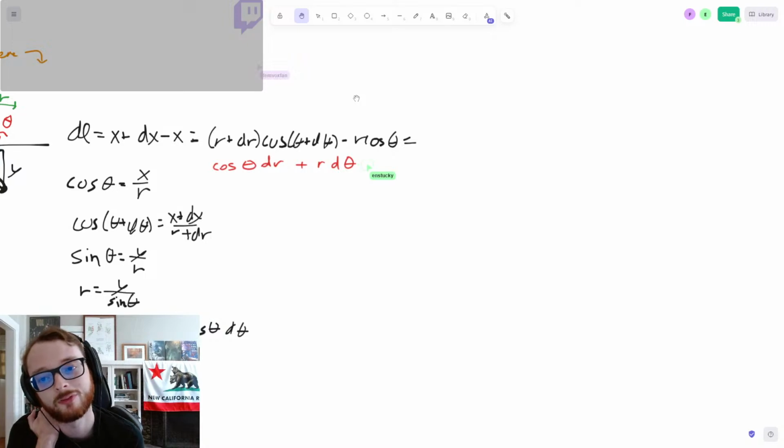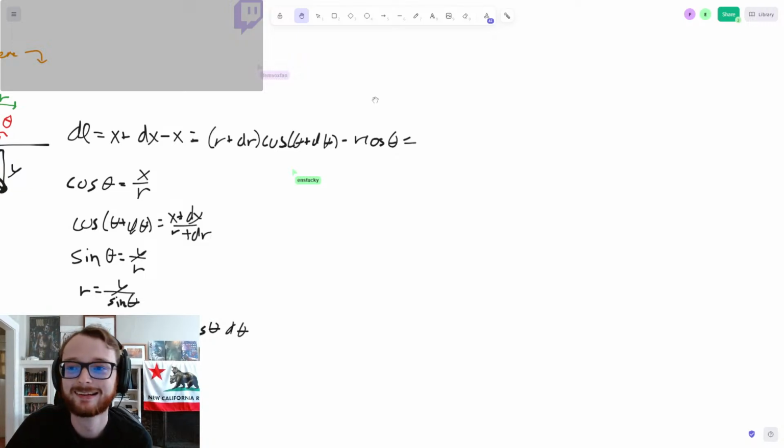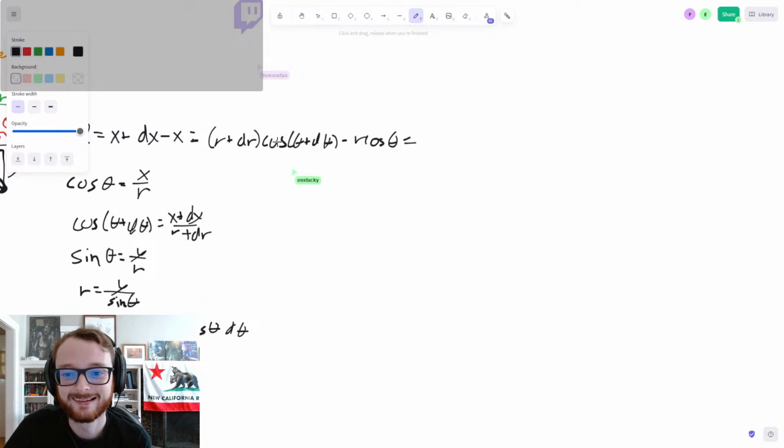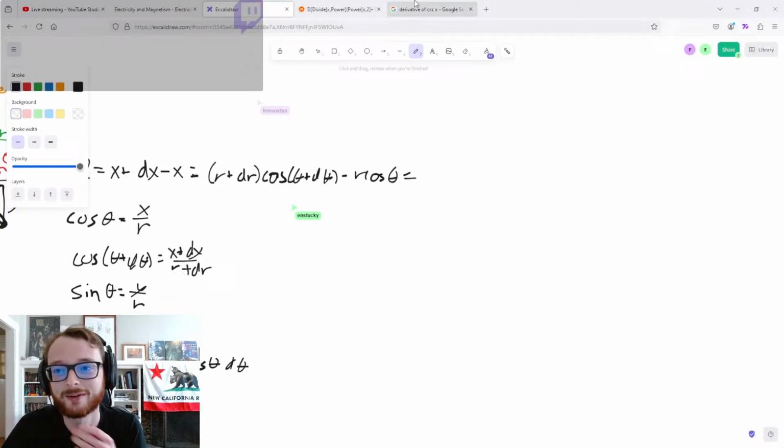Yeah, we still have a d theta that's trapped inside the parentheses here. I don't know. Oh, that's right. Can we do a sum identity and then say that cosine of d theta is about 1? Right. So maybe we'll do that sum identity first.